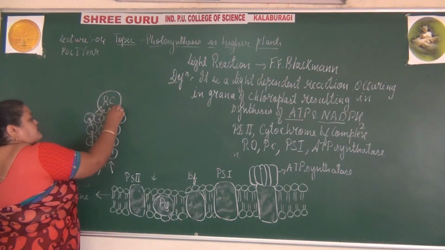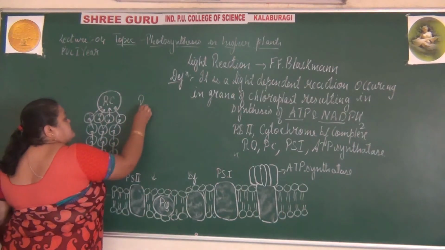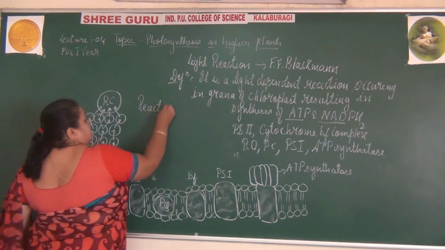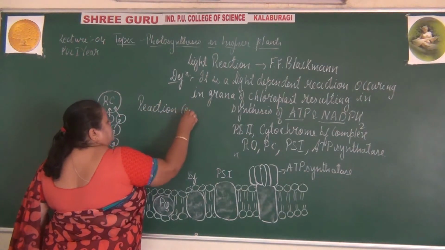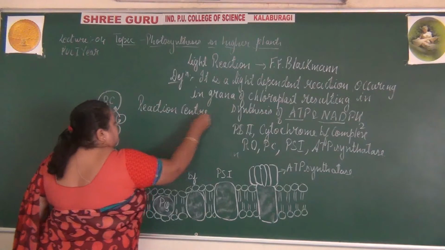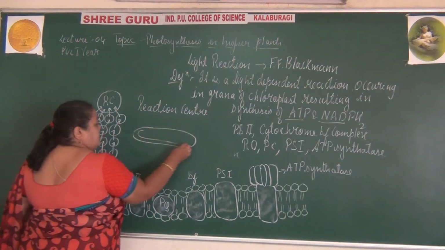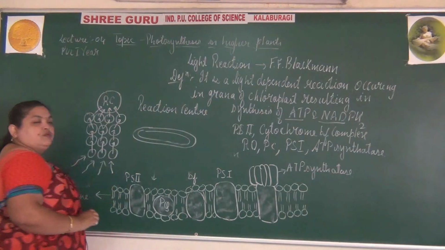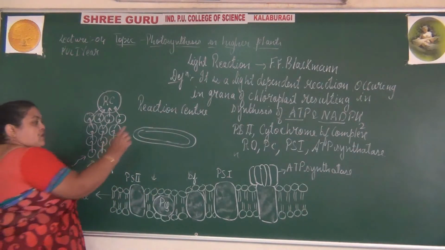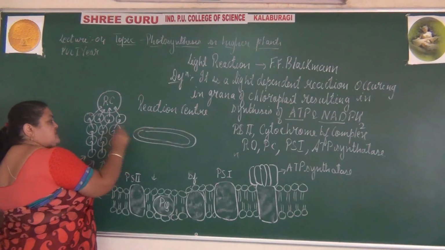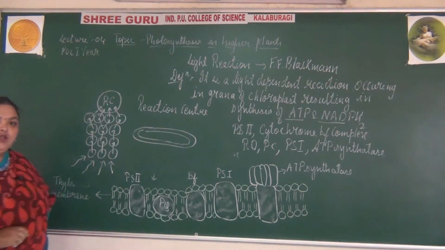There is a common center which is known as the reaction center. So in the thylakoid, the quantosomes are present which contain the pigment molecules.